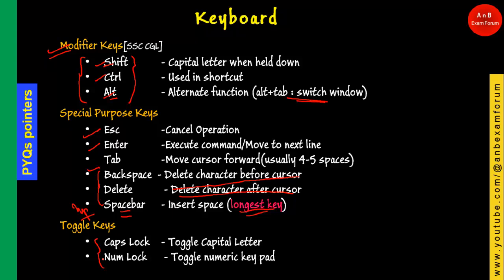Caps lock, as you know, is used to toggle capital letters. If you press caps lock, whatever key you enter will be in capital letters. If you turn it off, it will be lowercase. And num lock, we have seen, is used to toggle the numeric keypad on and off.